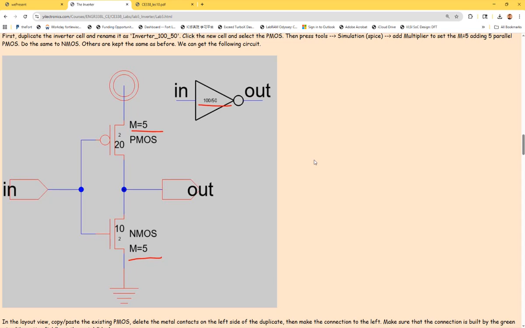No, 5. It's 5 in parallel. The single one is 20, so 5 will be 100. So it's equivalent to one PMOS transistor with a width of 100 and a length of 2. Similar to this one, 10 times 5 is 50, so the actual width is 50 in this case.